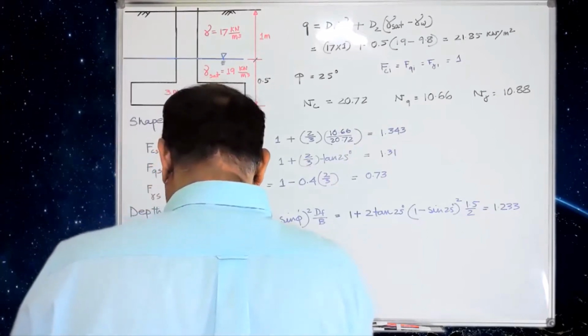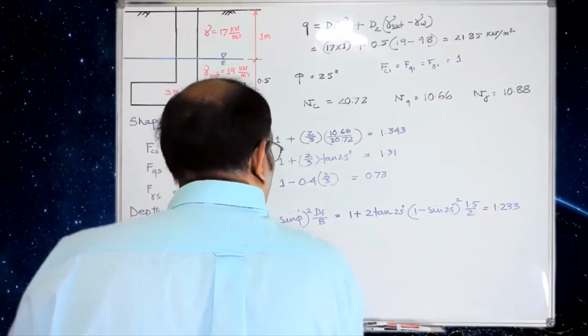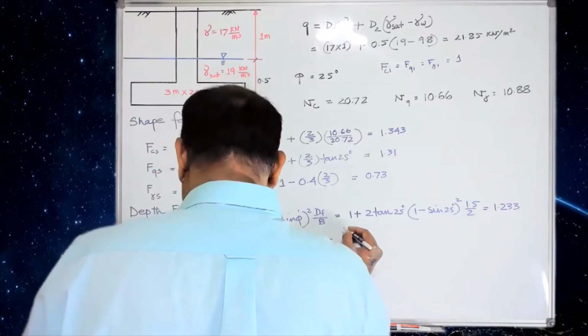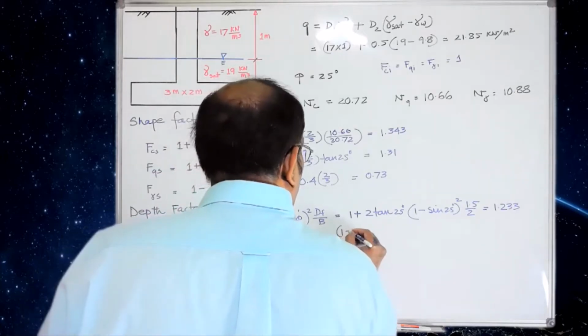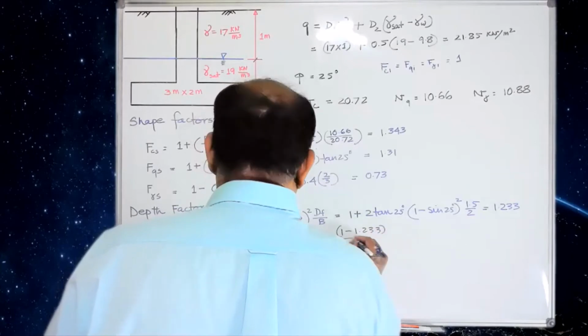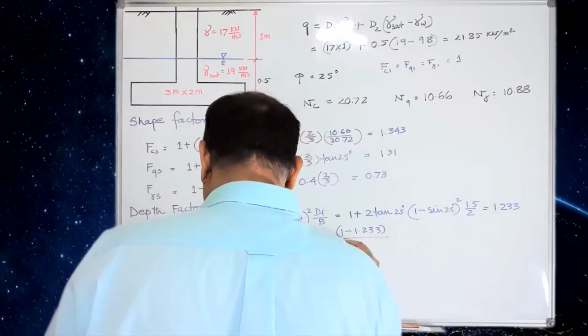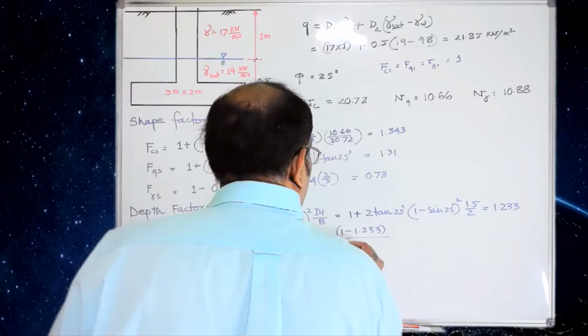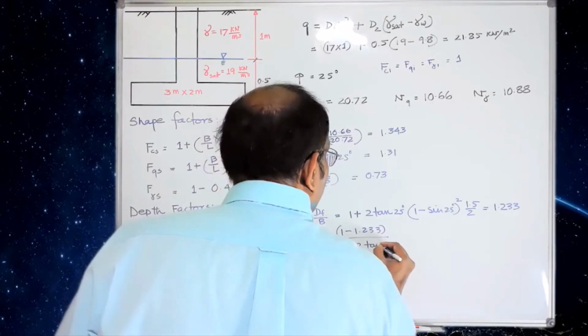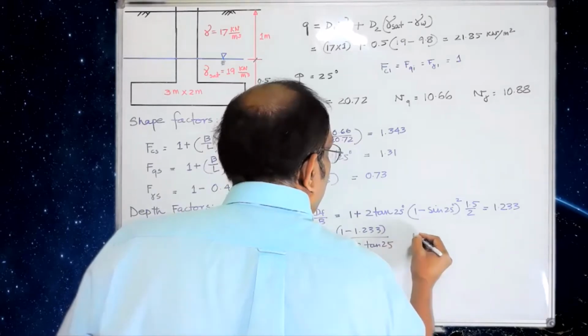So this one is basically 1.233 minus (1 minus 1.233) divided by NC, which is 20.72, tan 25.